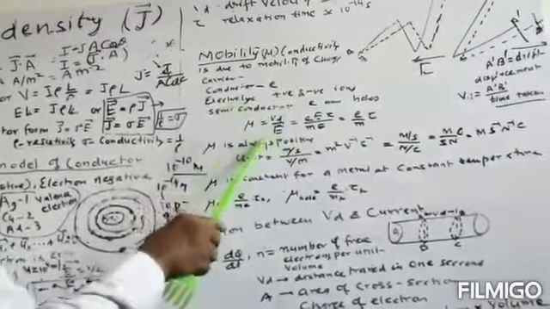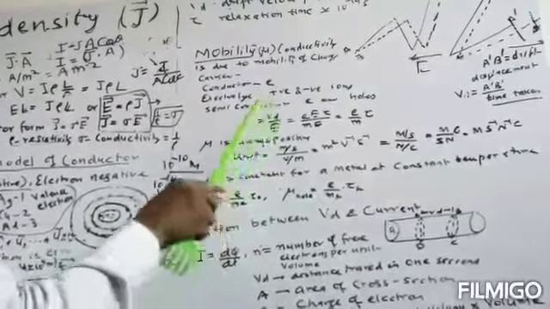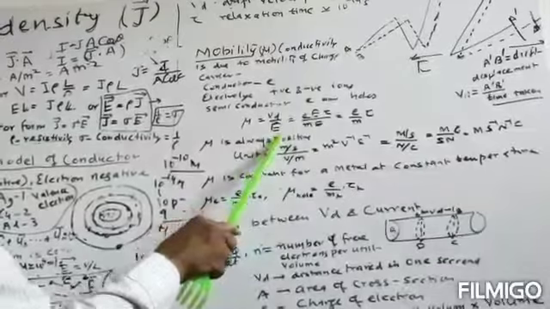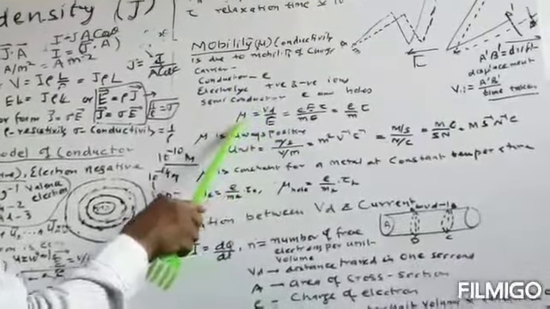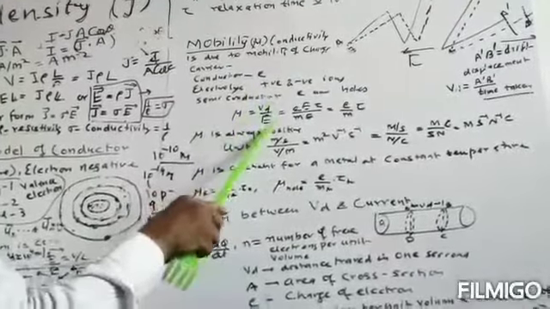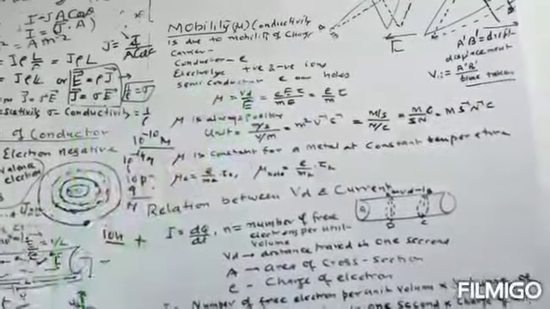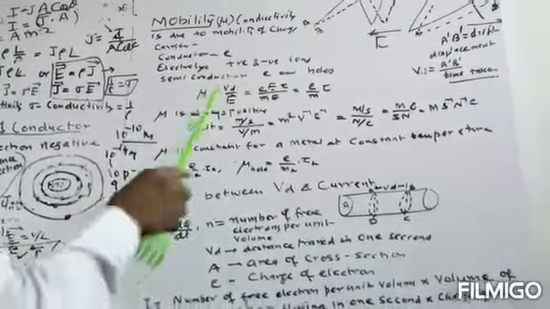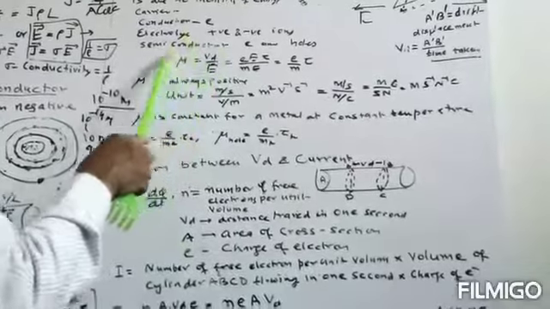So what is mobility? Mobility is drift velocity per unit electric field. Mobility mu is equal to Vd by E. Vd by E is drift velocity per electric field.